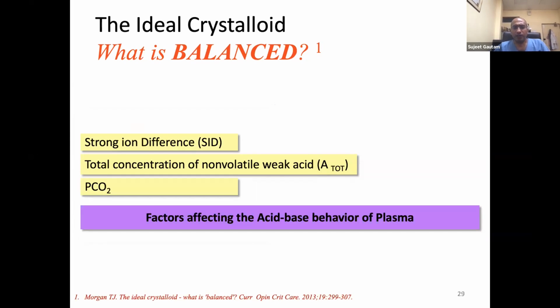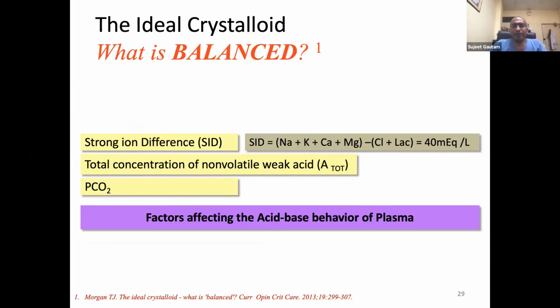So these are the key factors which affect the acid-base behavior of plasma. One is the strong ion difference, then non-volatile weak acid concentration, and PCO2. PCO2 level is irrelevant as far as fluid infusion is concerned. So we shall be discussing primarily SID, that is the strong ion difference, and weak acid concentration.